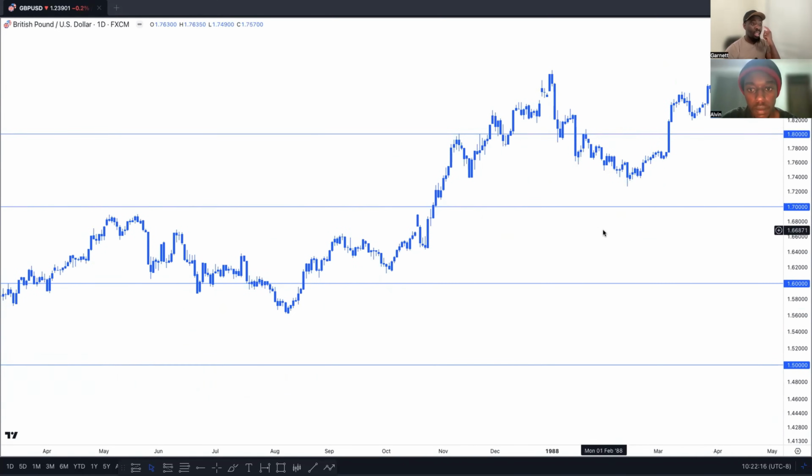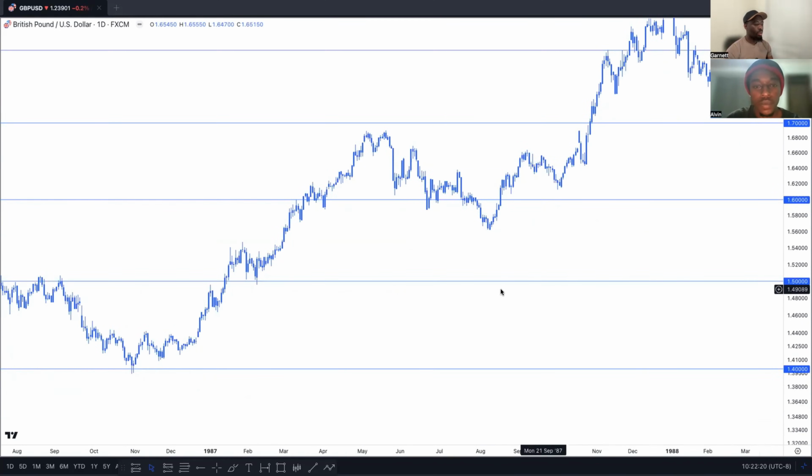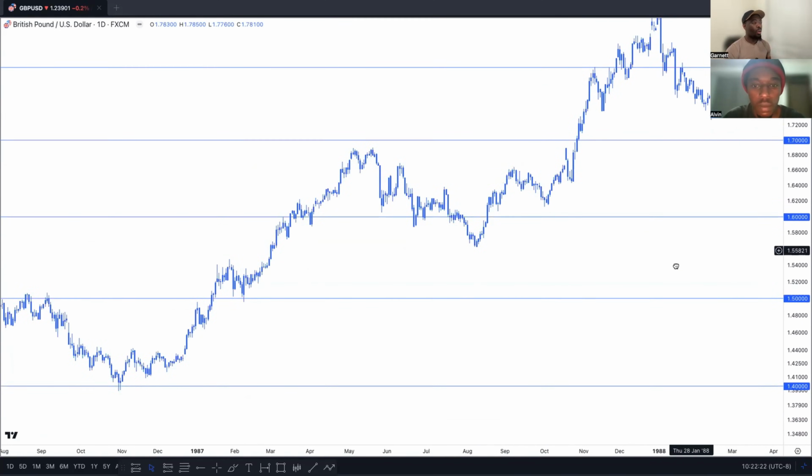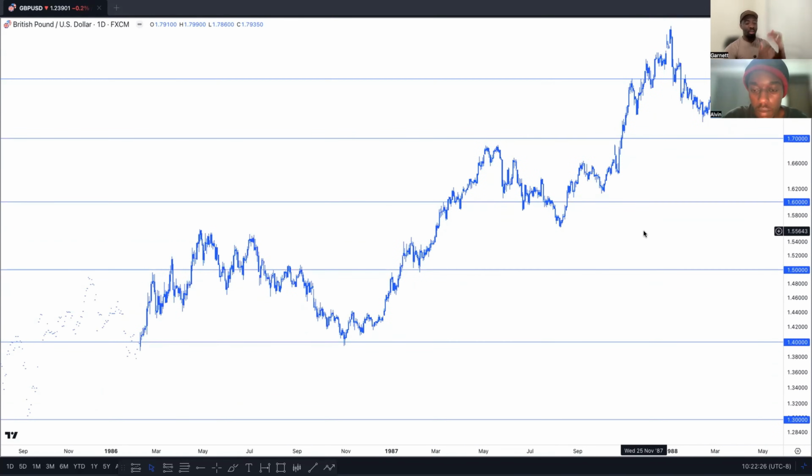So let's edit this. If I use 1.500, this level right here, I'll take the next level as 2.000, for example. So I'm going to use a difference of 5,000 pips between the levels, correct? Now you're looking at this, the difference between 1.500 and 1.600 flat is about 1,000 pips.